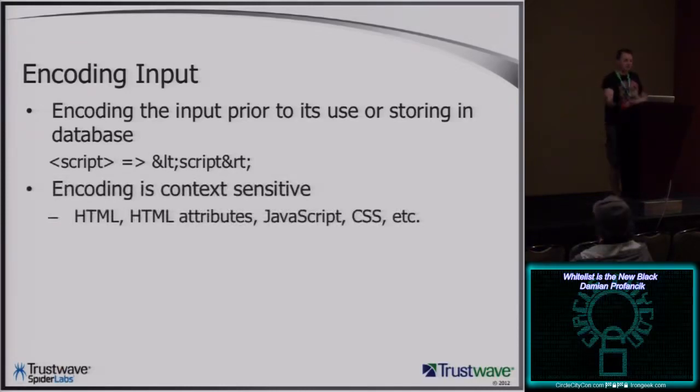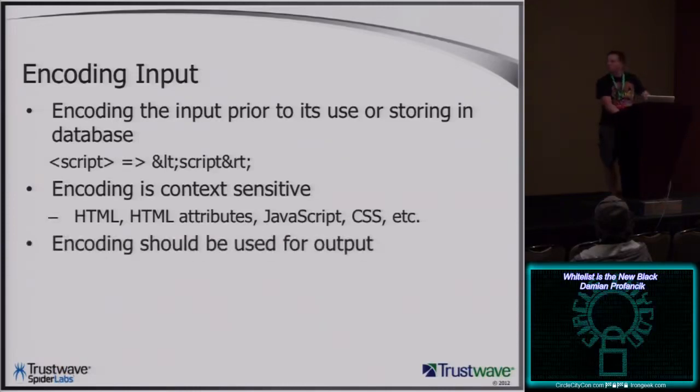You can't just encode when it goes in the database, because when it comes back out, you don't know what kind of context you're going to be landing that user-defined data in, or it could be in multiple places, and there are different encoding schemes depending on where it's going. So all output should be encoded, whether it's coming from a user or coming out of your database, because the data could have come into your database from some other integrated application.